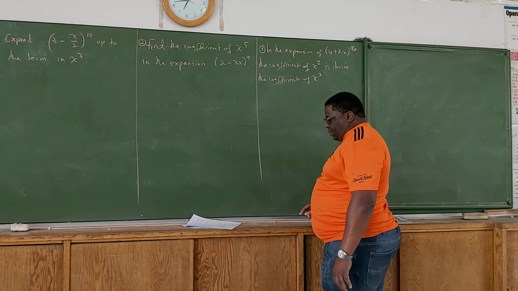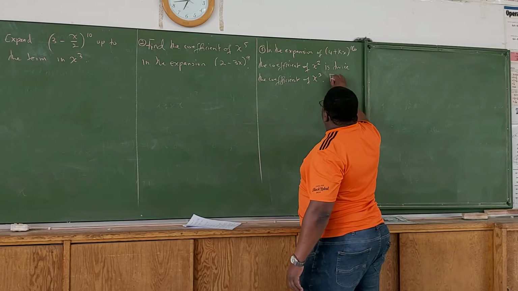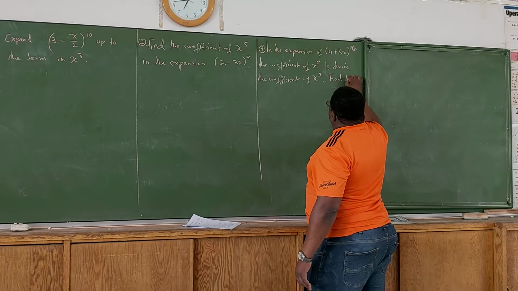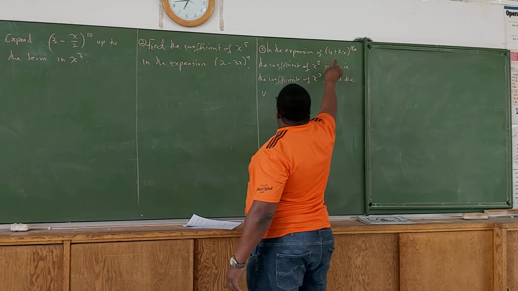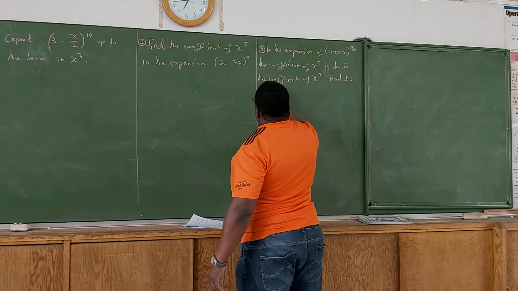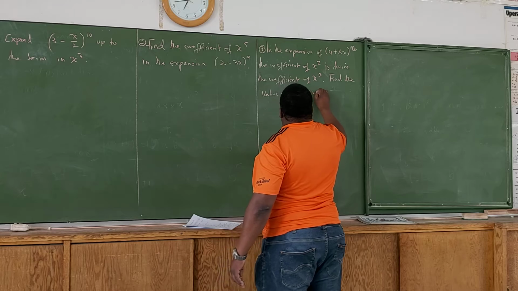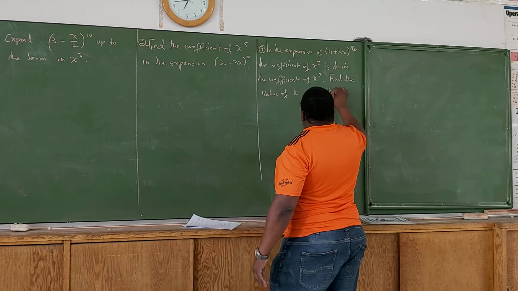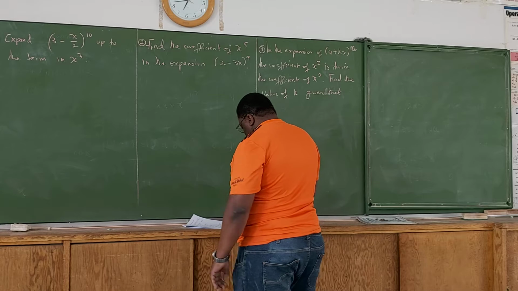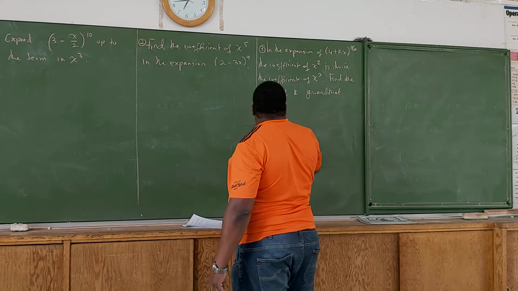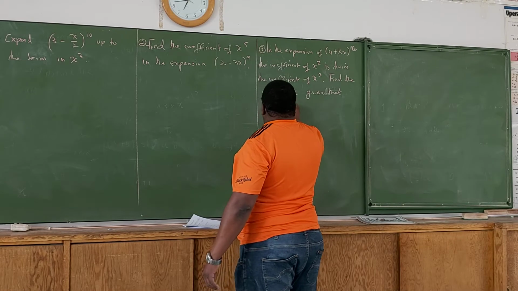Guess what is the question? Find the value of what? I see what you're doing. Given that k is not equal to 0.